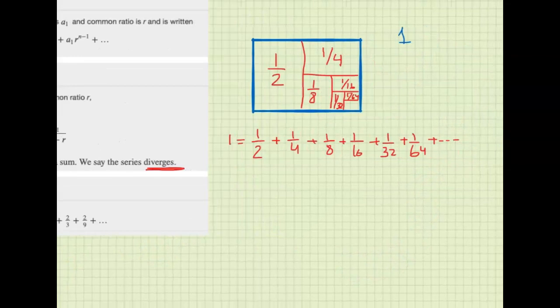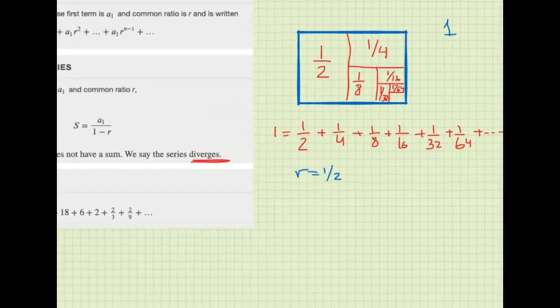So here my common ratio is 1/2, right? Because you multiply by 1/2 each time to go to the next one. Okay, so according to this formula, let's see if it actually gives me 1. We can verify the formula. S equals a1 over 1 minus r. a1 is the first term in the sequence.